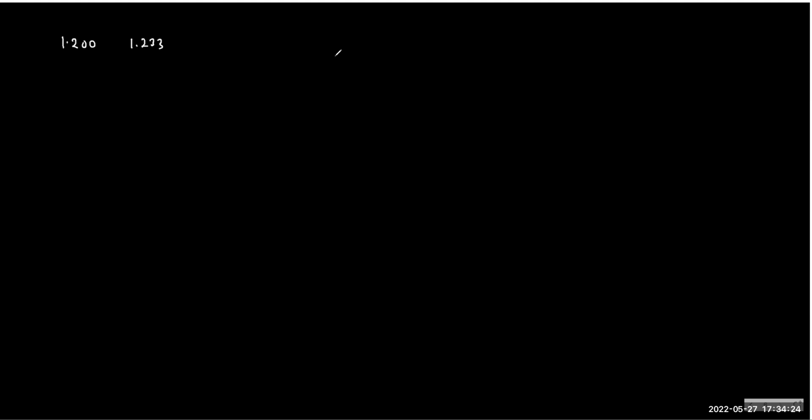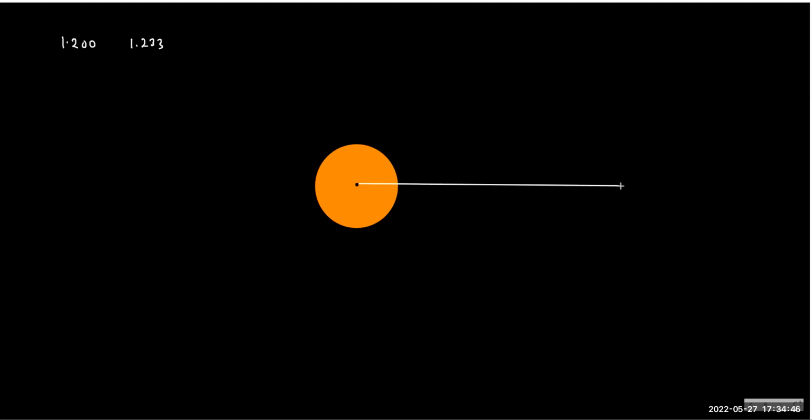So imagine this is the sun, and this is the center of the sun, and something is moving around the sun in the orbit of Earth, which means the distance of the Earth from the sun is how much?